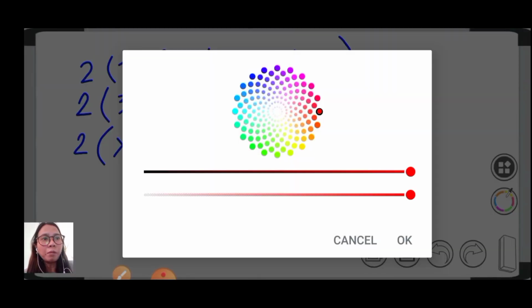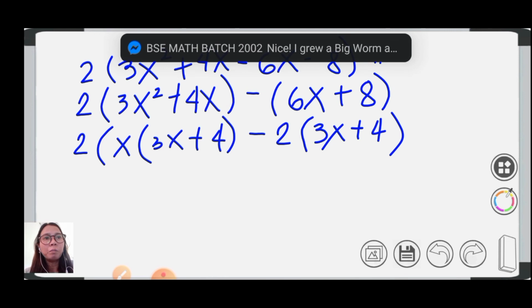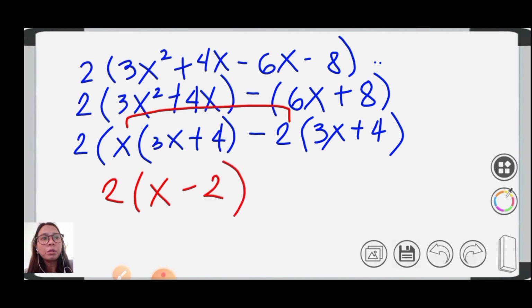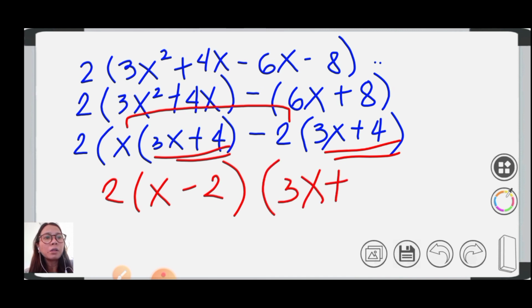Let us combine the terms. So we have 2, the quantity of x minus 2, then we take 3x plus 4 as the common factor. So the factors are 2, the quantity of x minus 2, and the quantity of 3x plus 4.